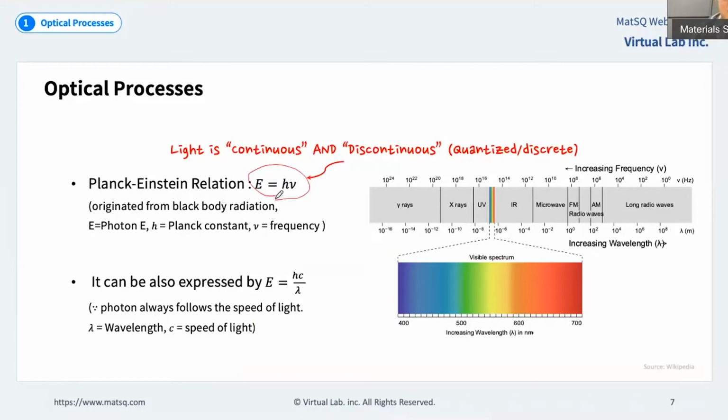It states that photon energy is proportional to its frequency. It can also be expressed by this equation, E equals hc over lambda, because a photon always follows the speed of light. Here, lambda is the wavelength and c is the speed of light.